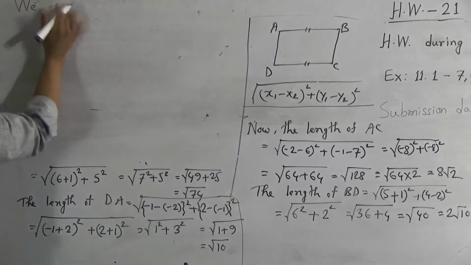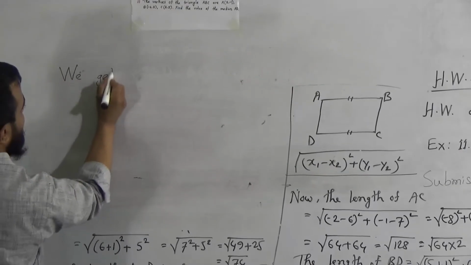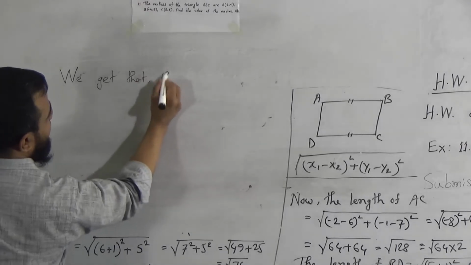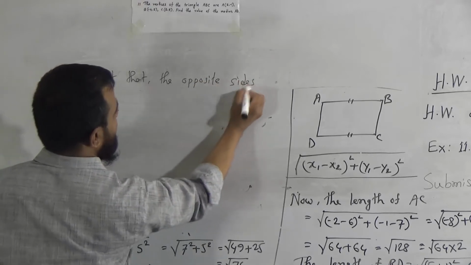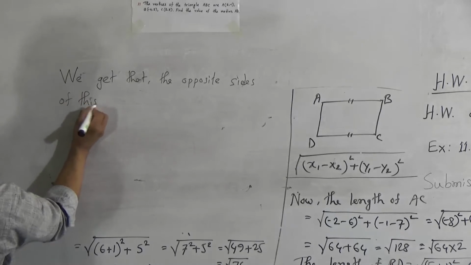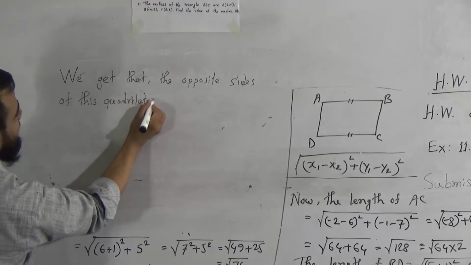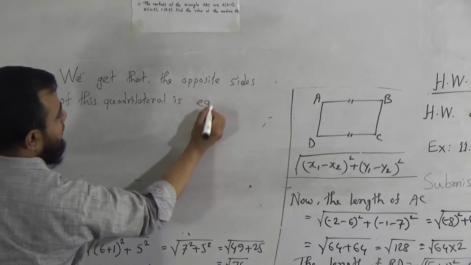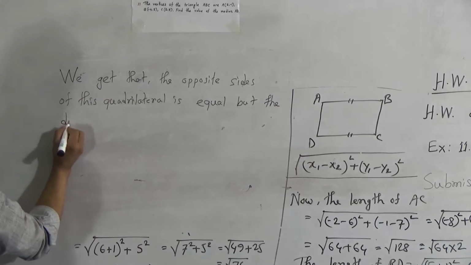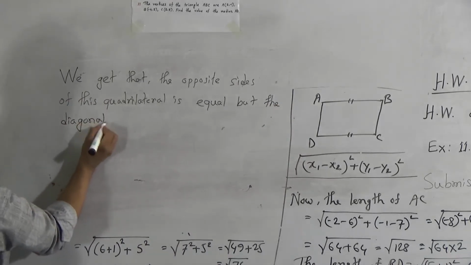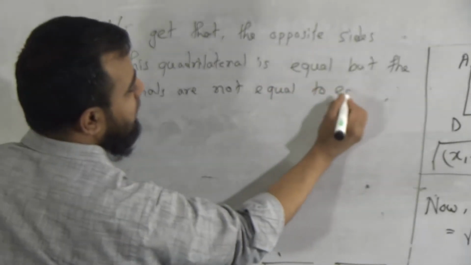We have seen that the opposite sides of this quadrilateral are equal, but the diagonals are not equal to each other.